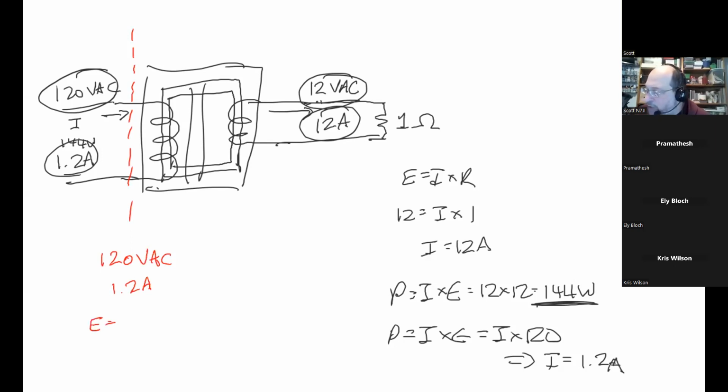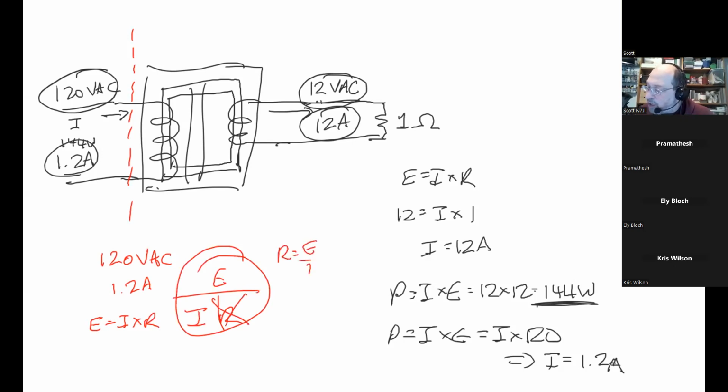E equals I times R. What is my resistance? E, I, R. I don't know the resistance. R is equal to E divided by I, which is 120 divided by 1.2. What is that? 10. Well, it's not 10. 120 divided by 1.2.